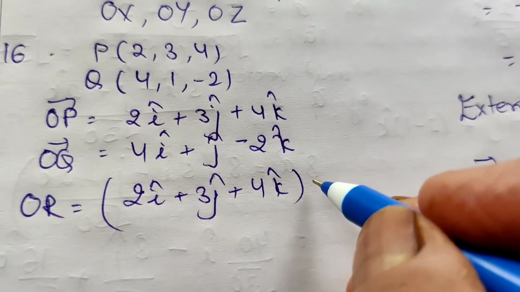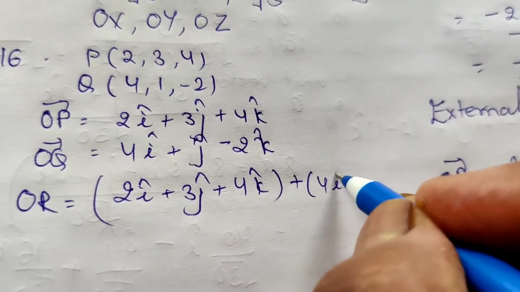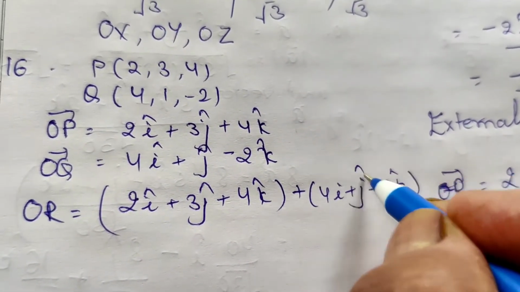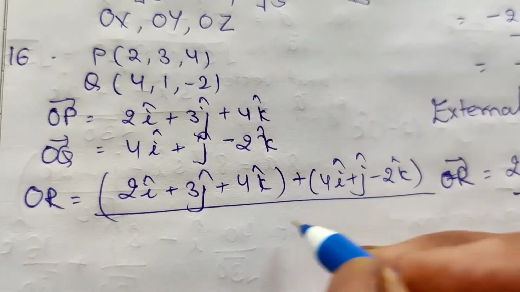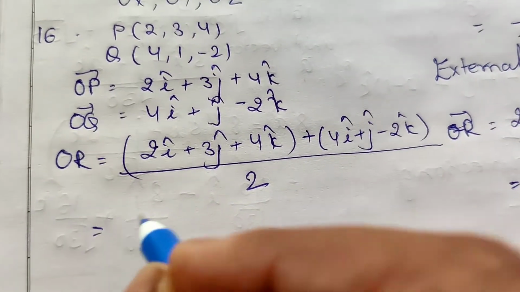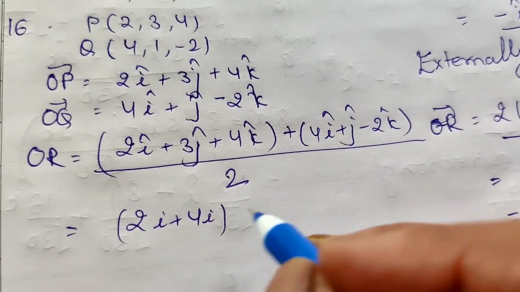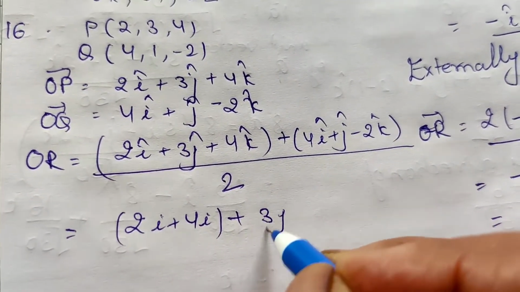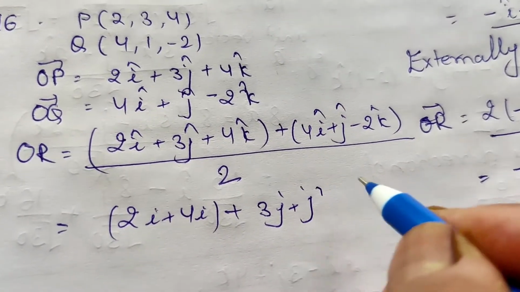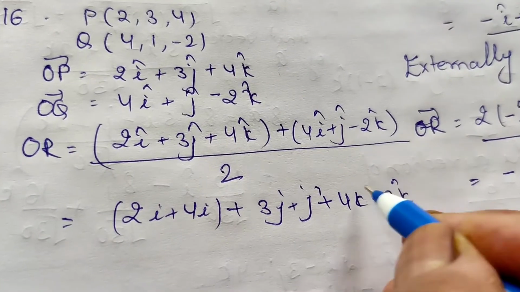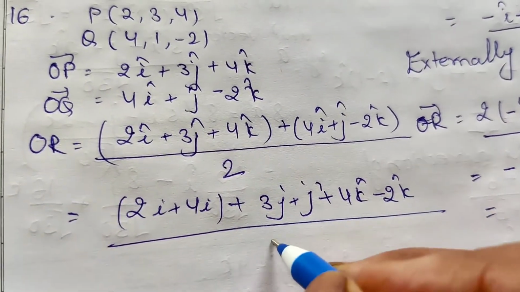2i plus 3j plus 4k plus 4i plus j minus 2k, divided by 2. It means 2i plus 4i, 3j plus j, and 4k minus 2k, divided by 2.